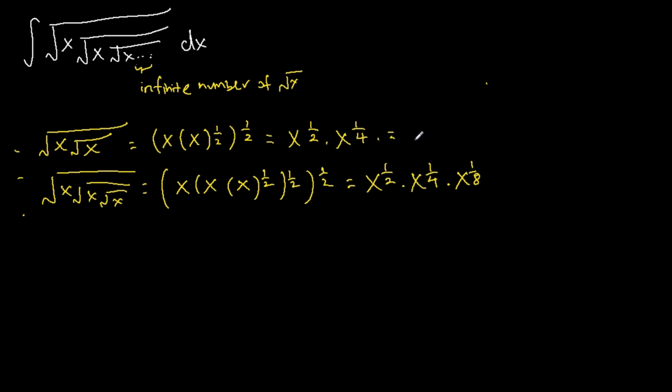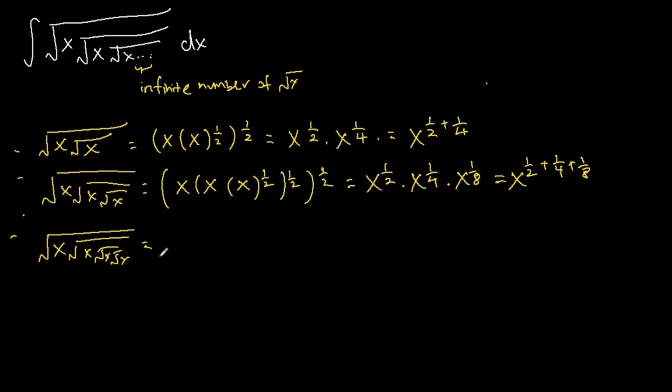So as you can see, this is equivalent to x to the power of half plus 1/4 plus 1/8. And then the top one is x to the power of half plus 1/4. And last but not least, if we have 4 square roots, this is also equivalent to x to the power of half plus 1/4 plus 1/8 plus 1/16.